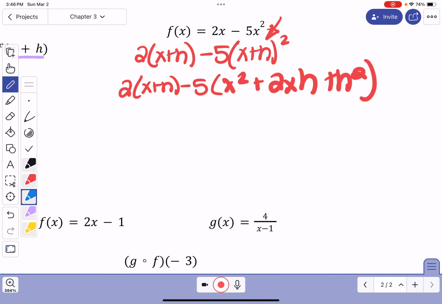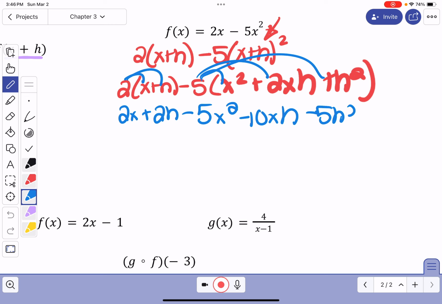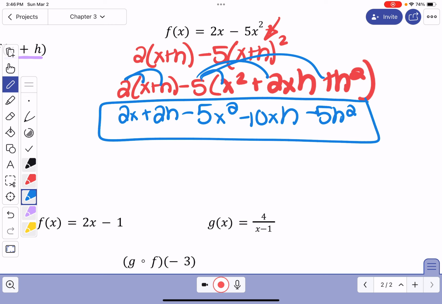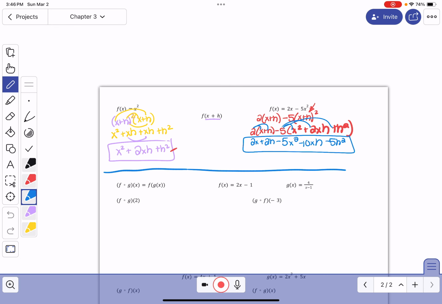Now we'll distribute our numbers. So 2x plus 2h minus 5x squared minus 10xh minus 5h squared. Now it looks really yucky, but it is what it is. That's how they're written. So that's your function operations.